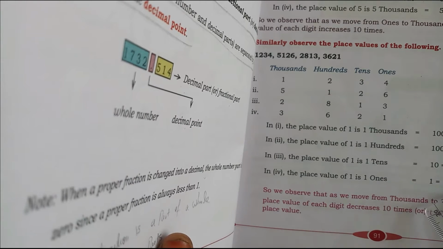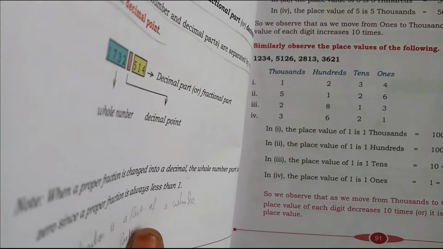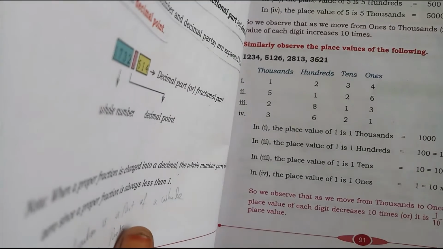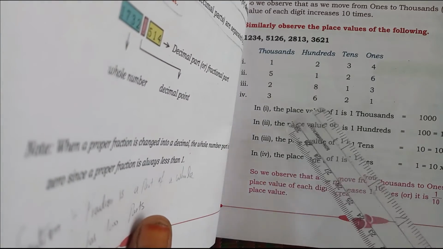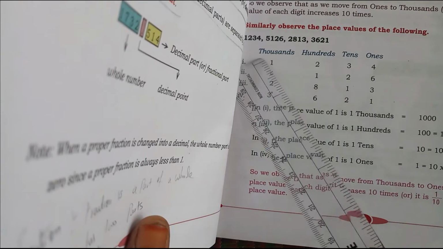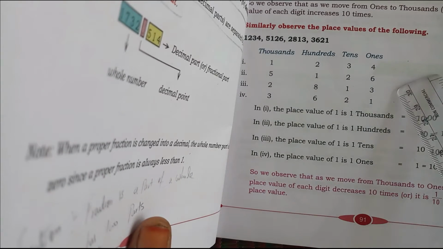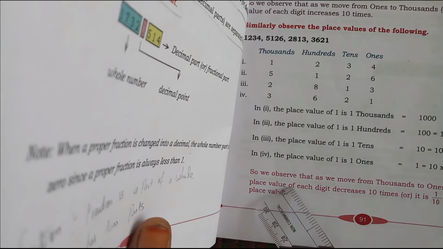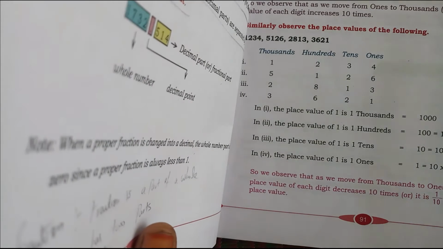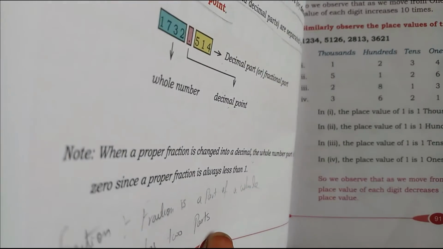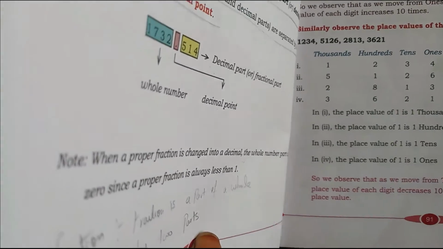That means 1 is equal to 10 into 1 by 10. So we observe that as we move from thousands to ones, that means from left to right, the place value of each digit becomes 1 by 10th of its previous value.